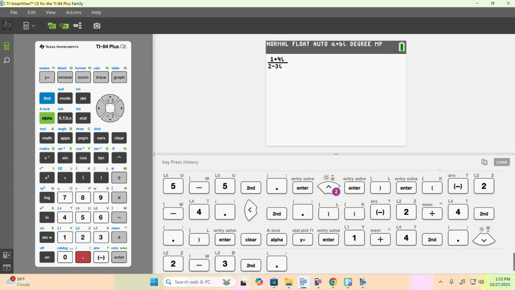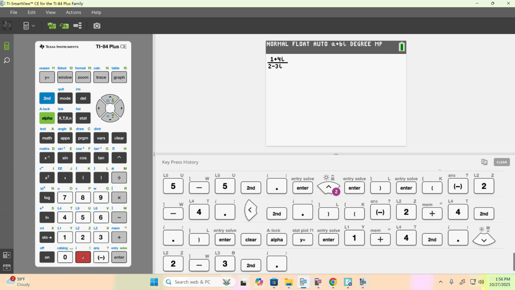Are y'all able to get that typed in? Once you get it typed in, go on and hit enter. It worked.